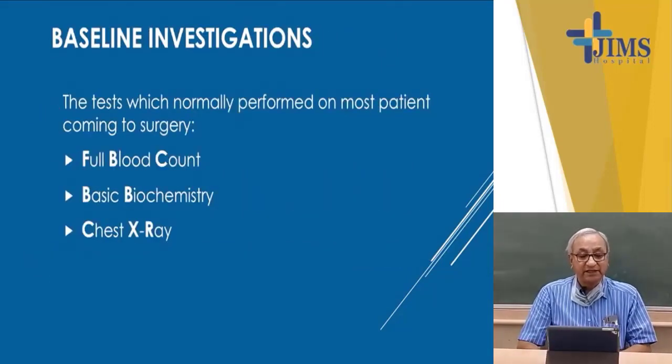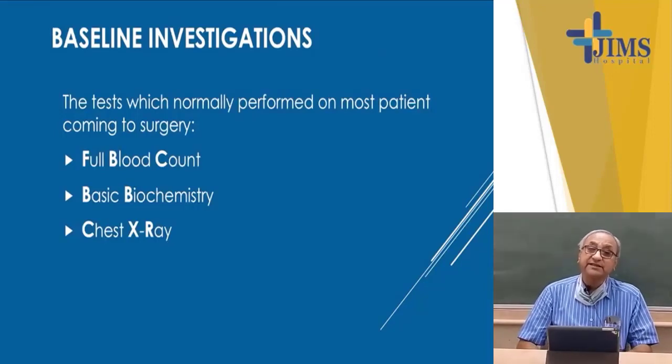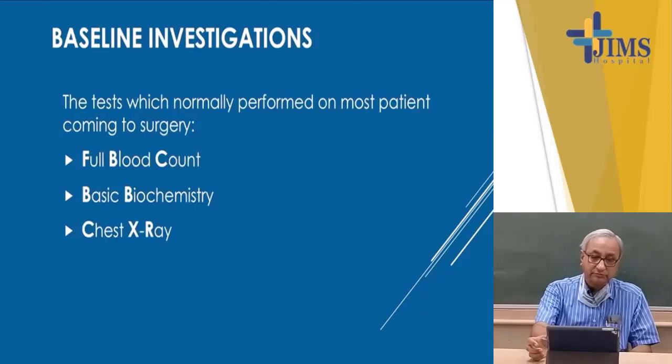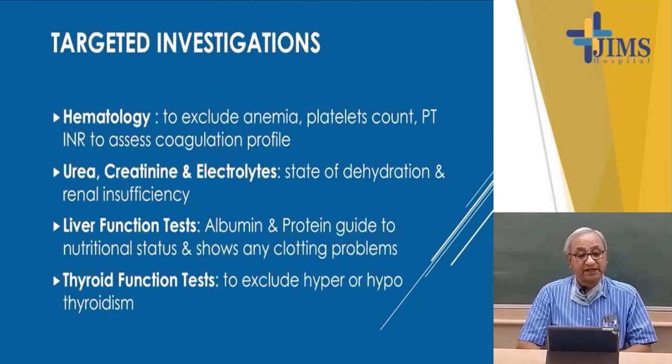Of the baseline investigations, we'll have to have a full blood count, FBC. The basic biochemistries, you all know by now what is basic biochemistry, and the chest X-ray. Targeted investigation, hematological, to exclude anemia, platelet count, prothrombin time, international normalizing ratio INR, to assess the coagulation profile so that during operation and post-operatively the patient does not bleed excessively.